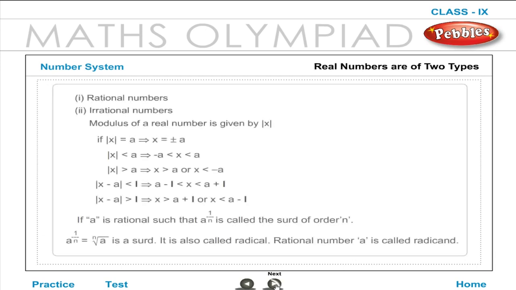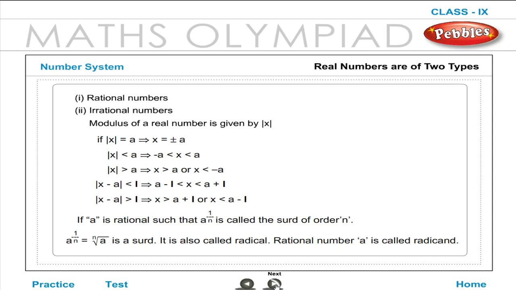Real numbers are of two types: rational numbers and irrational numbers. Modulus of a real number is given by mod of x. If mod of x is equal to a, it implies x is equal to plus or minus a. Mod of x less than a implies minus a is less than x less than a.